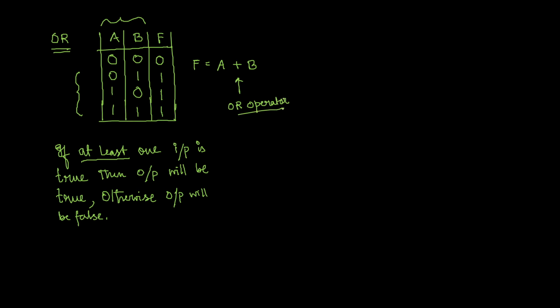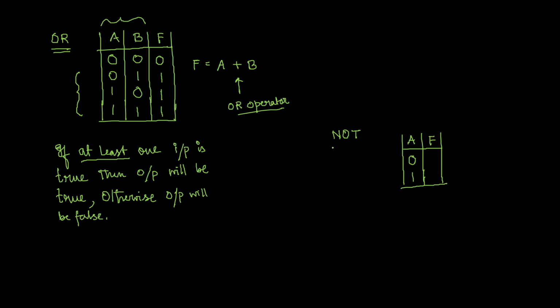In a similar way, if we consider NOT, you see NOT is a little bit different from the other two logic operations before it, because NOT does not require two inputs, it requires only one input. So assume you have only one input A, and your output obviously has only one output F. Since you have only one input, you can have only two possibilities: either it will be 0 or it will be 1, right?